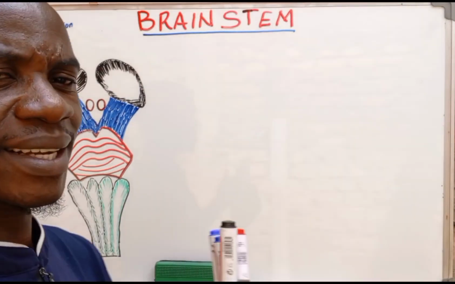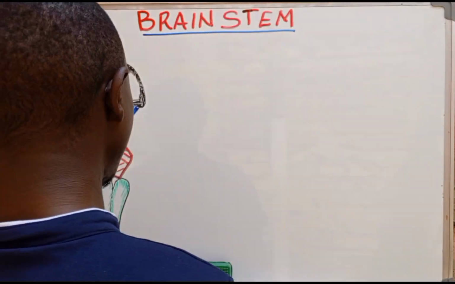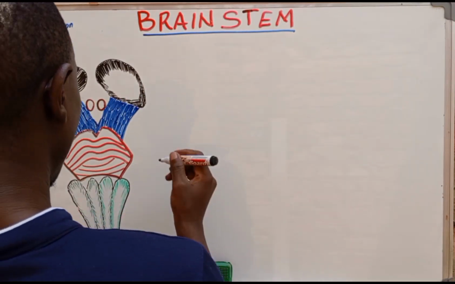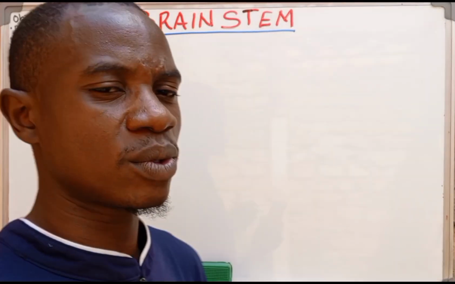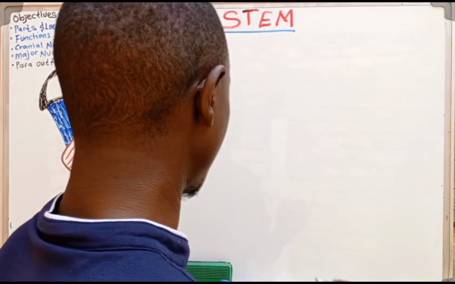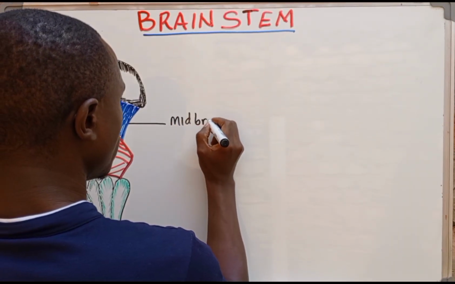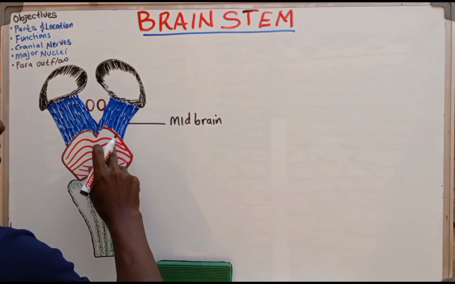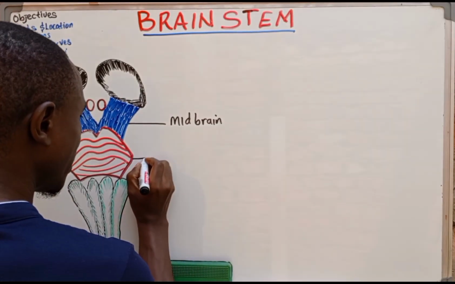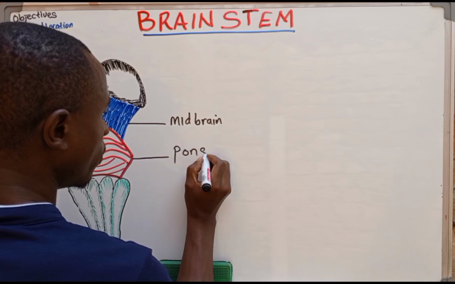So now we need to first understand how these parts are named. This part here is what we call the midbrain. Then just slightly below the midbrain, this structure here is what we call the pons.